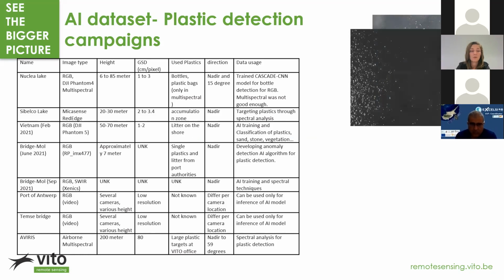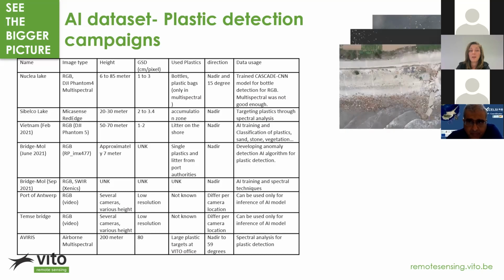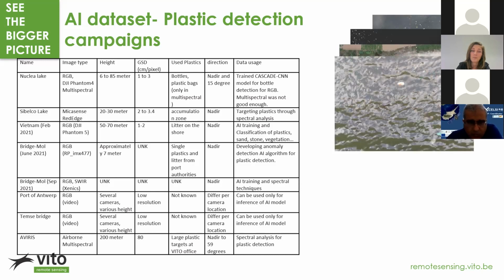We made an artificial accumulation zone of plastics, also in a lake close by. We have some real data sets of washed-ashore plastics, drone data sets of Vietnam. We have set up some bridge campaigns with a camera mounted on a bridge and put plastics in the water.